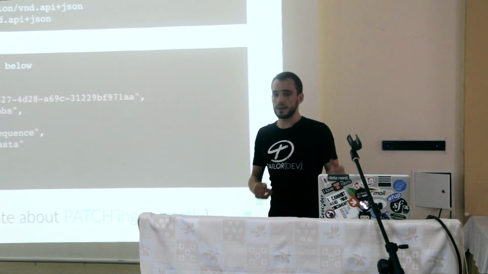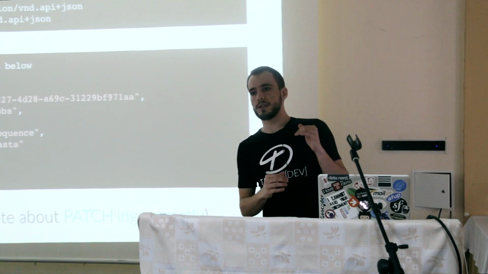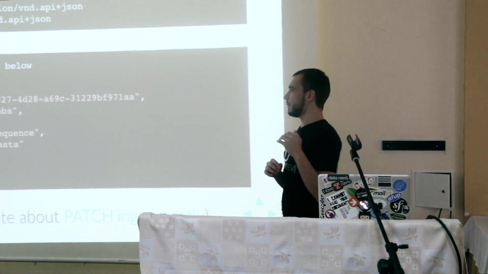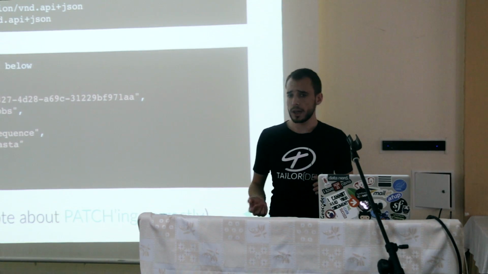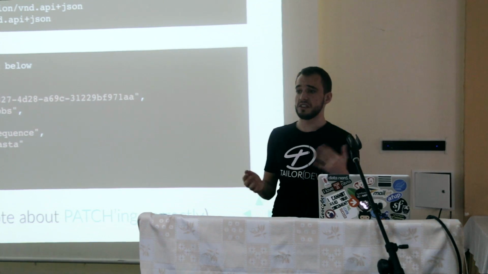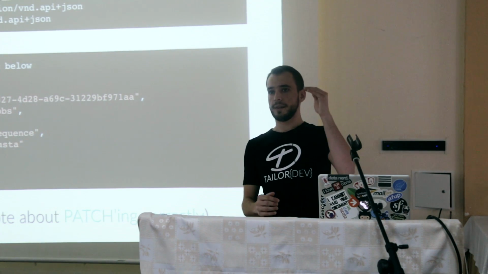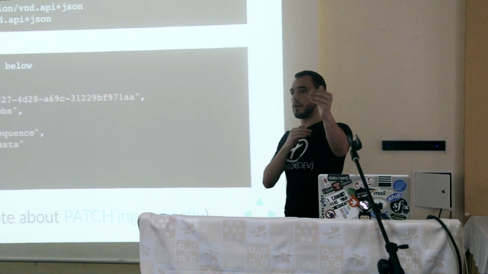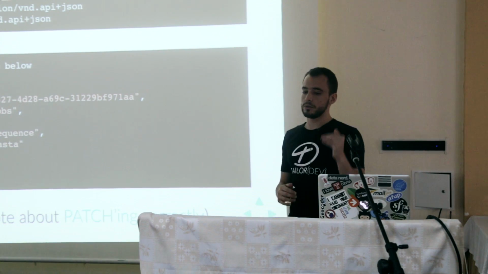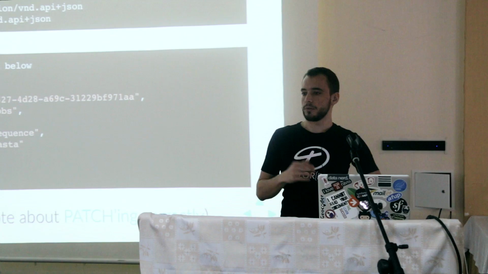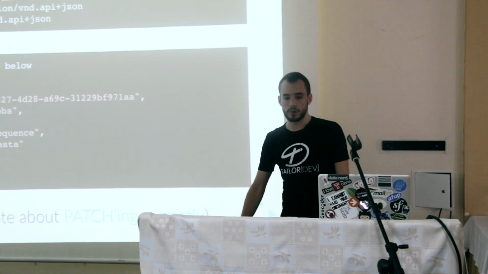PATCH should be used with a really specific format to describe a difference, like git diff or the patch command on Unix, where you get the line before and the changes you have to make, or the operation you have to make to get the new information.